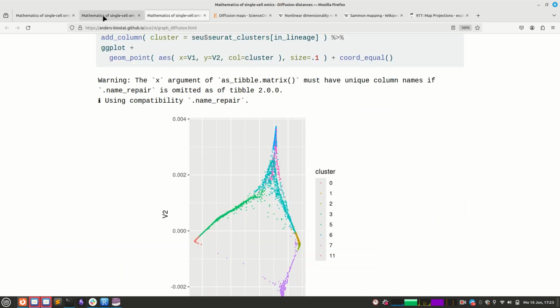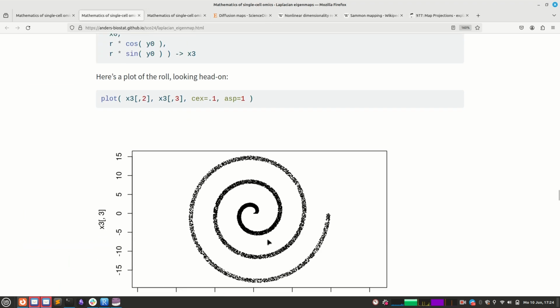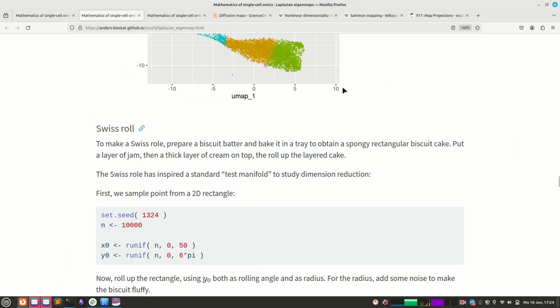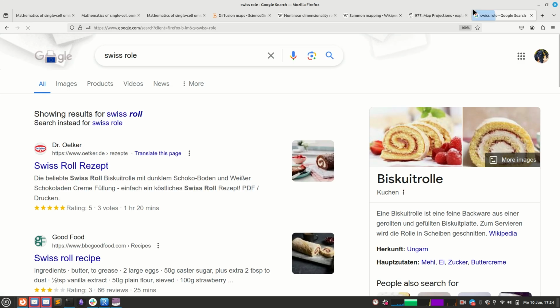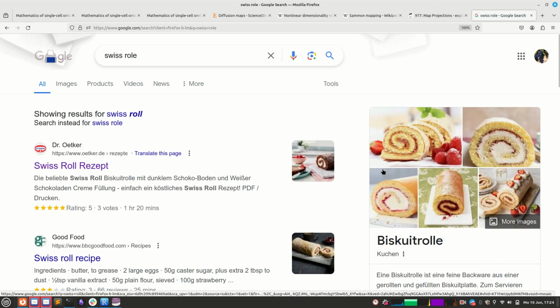The first one is the Swiss roll. The Swiss roll is, in German, eine Biskuitrolle. This here is called a Swiss roll, this cake here. You bake a biscuit dough, you put cream on top, and then you roll it up. If you want to do this mathematically, you do the following.